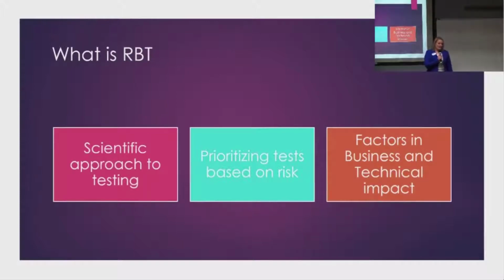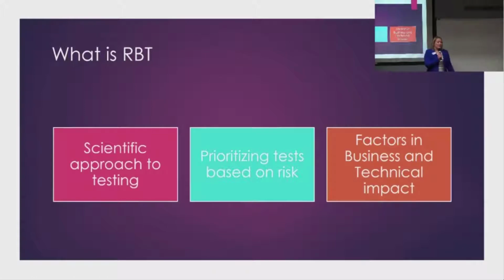And the other piece of that was when we started looking into how we were prioritizing our test cases, we didn't have a consistent process, or we weren't having all the same criteria or even the right criteria that we were considering when determining priority.